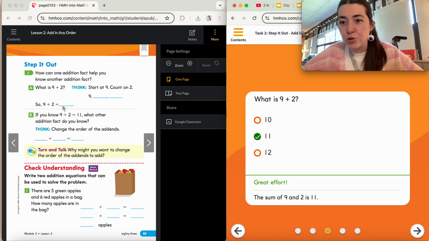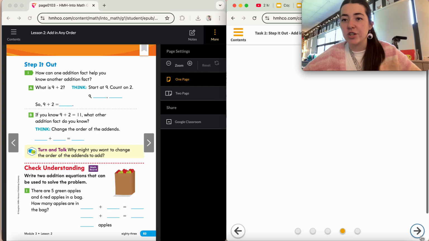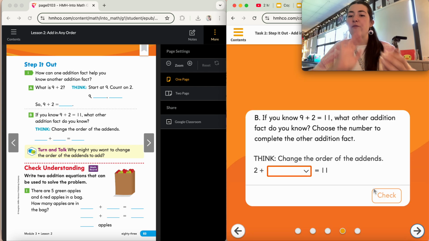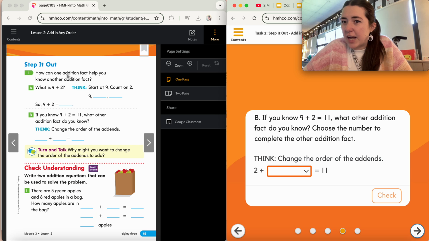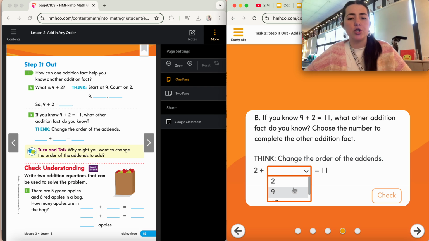Now, we are going to change the order of our add-ins. They're going to trade spots in line. So if we know what 9 plus 2 equals, we know that equals 11 because we solved it up here. What other addition fact do we know? If we change the order and we make it 2 plus what? 2 plus 2, 2 plus 9, or 2 plus 10.